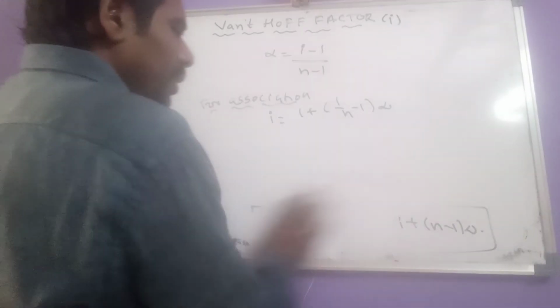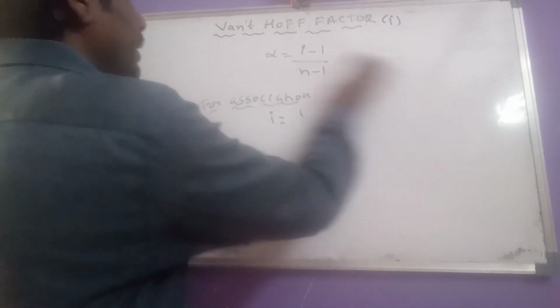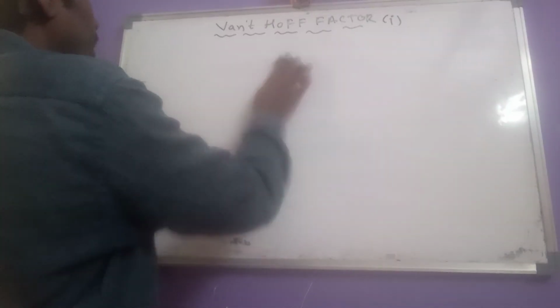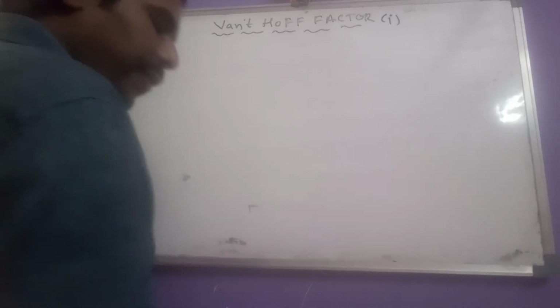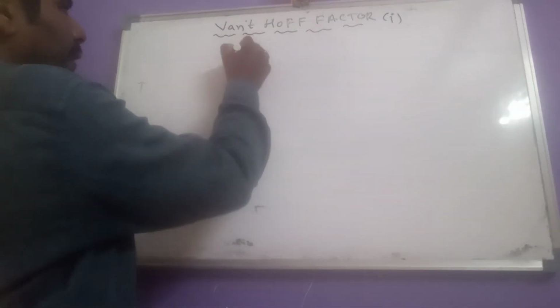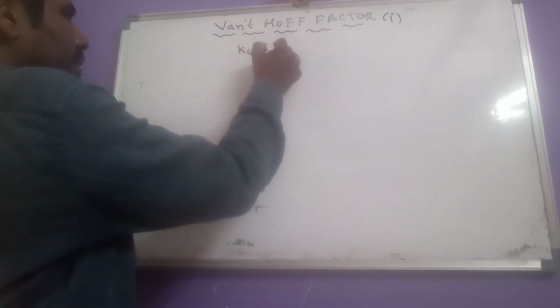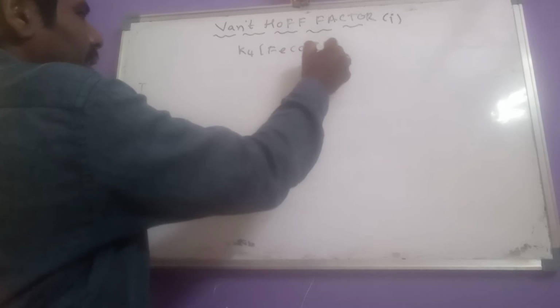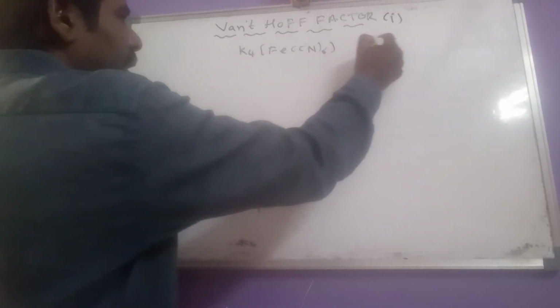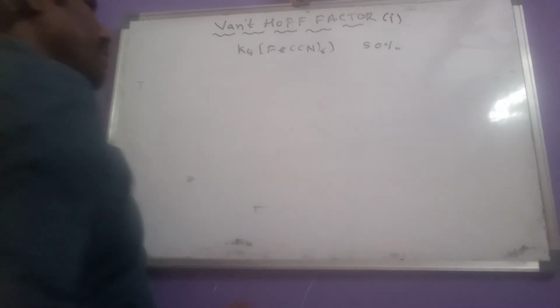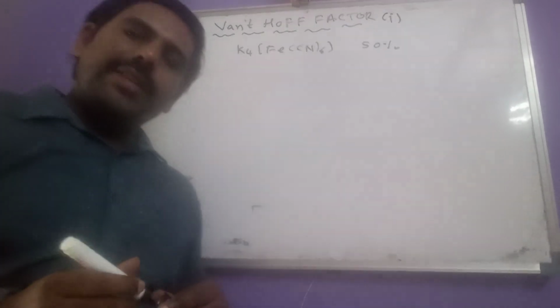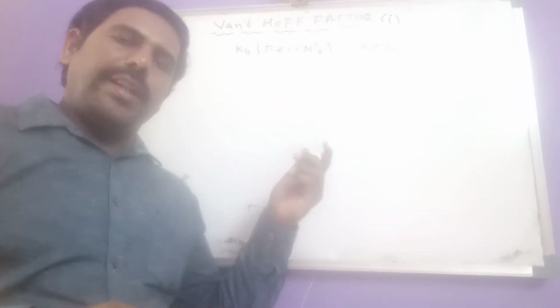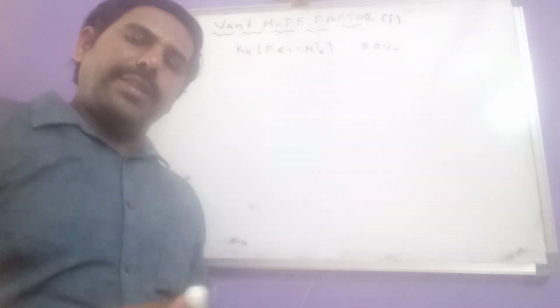Now the first question is here. For example, K4Fe(CN)6, the degree of ionization is 50%. What is its I value? The degree of ionization is 50%.